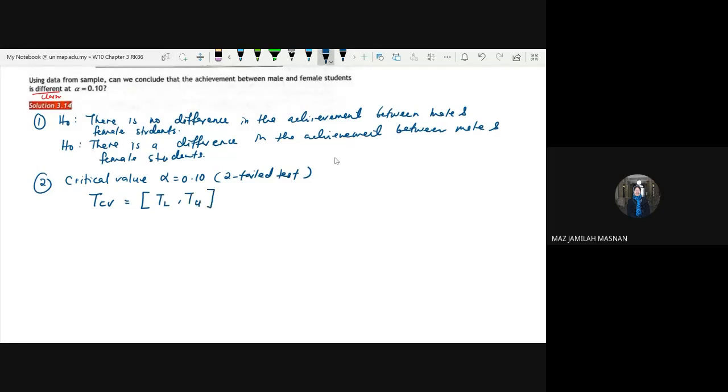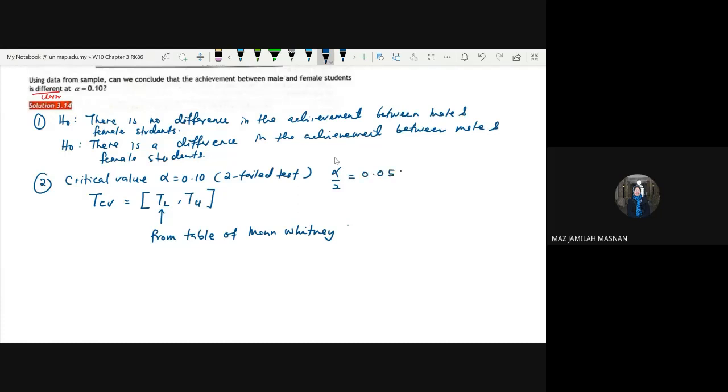Our T lower is from our table of Mann-Whitney. Since we are dealing with a two-tail test, alpha over 2 would be 0.05.